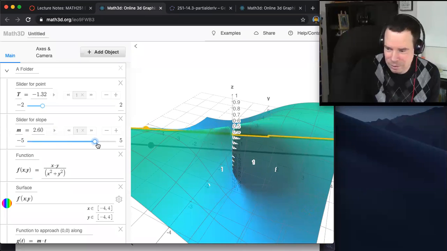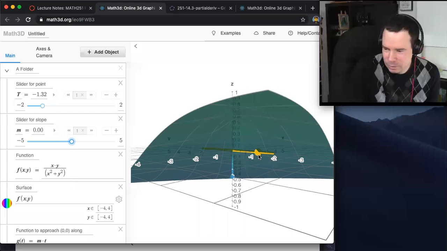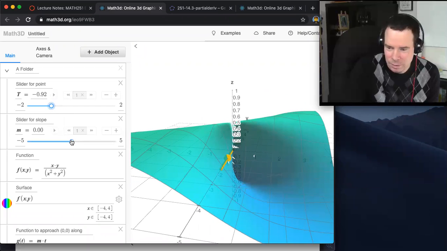So as I come along the y-axis, my function value is 0. And so as my point gets closer and closer to the origin, my function value gets closer and closer to 0. But this is where interesting things happen.